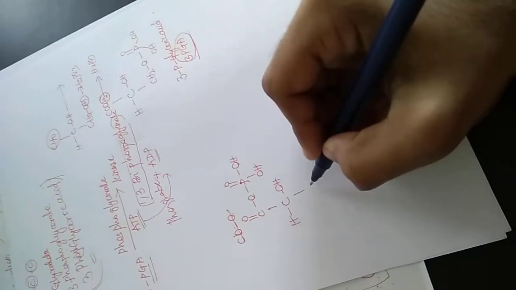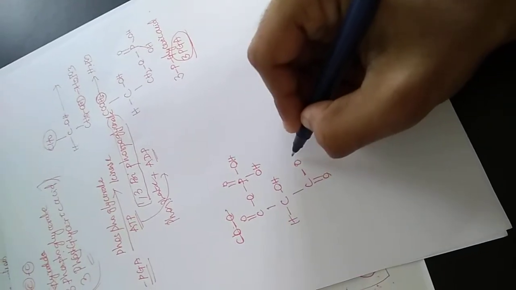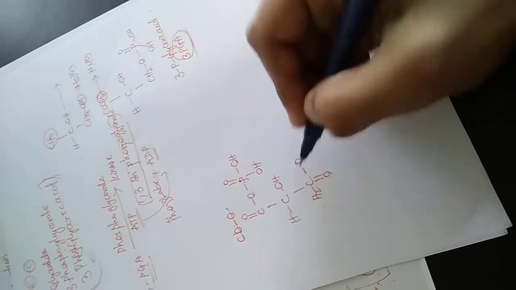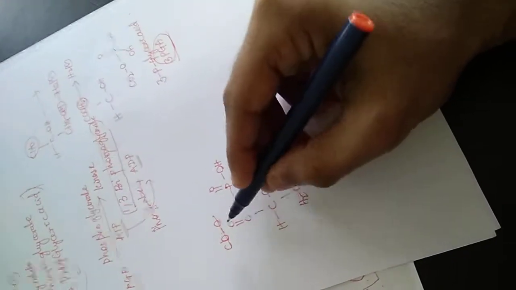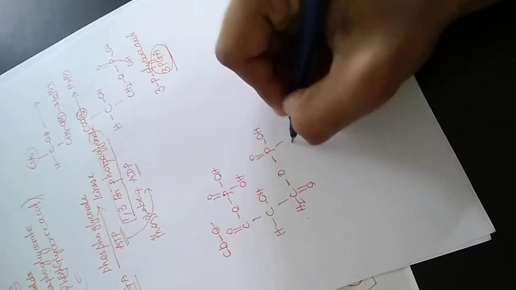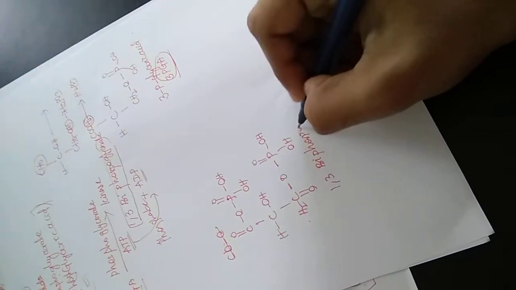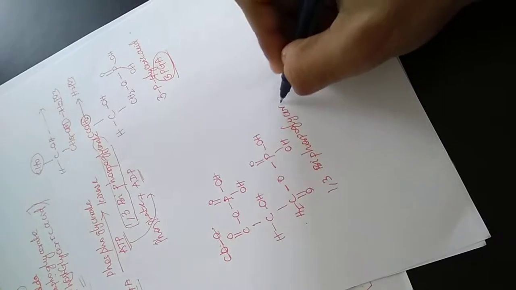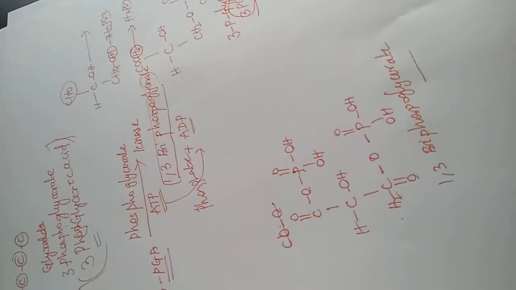So this is 1,3, 1, 2, 3, 4. 1,3-biphosphoglyceric acid. So this is what forms.